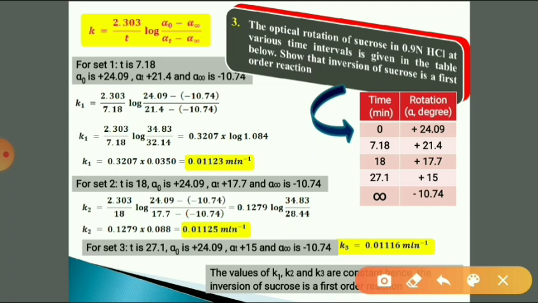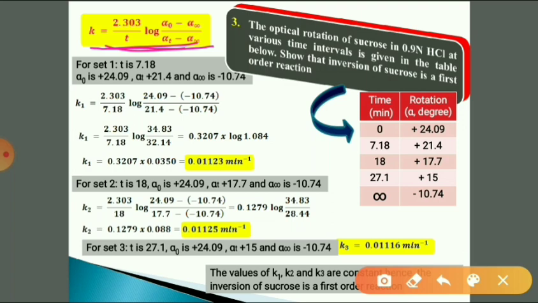We know that for inversion of sucrose, the rate constant can be calculated by using this equation: k equal to 2.303 upon t log of alpha 0 minus alpha infinity divided by alpha t minus alpha infinity. So let's start how to solve this problem.